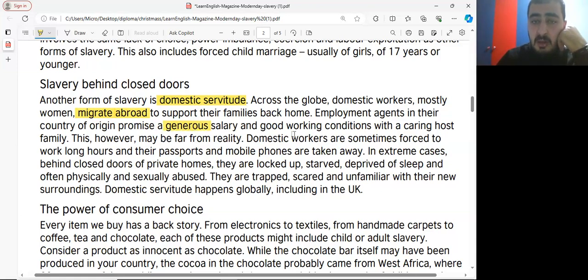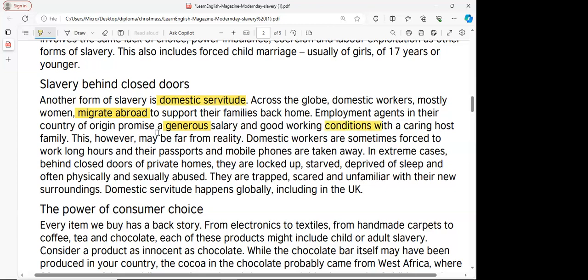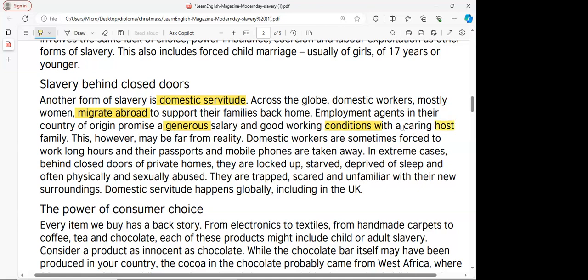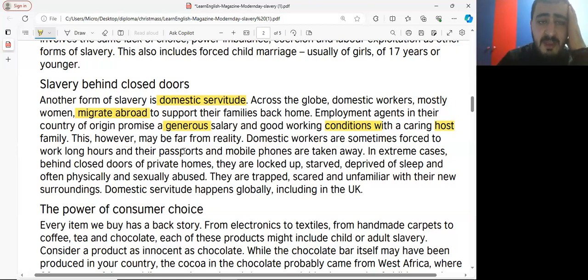Generous salary and good working conditions، ظروف. وعديهم راتب سخي وظروف عمل مريحة. With a caring host family. Host المستضيف. Caring مراعي أو مهتم. This however may be far from reality، لكن على كل حال هذا ممكن يكون بعيد جدا عن الواقع.